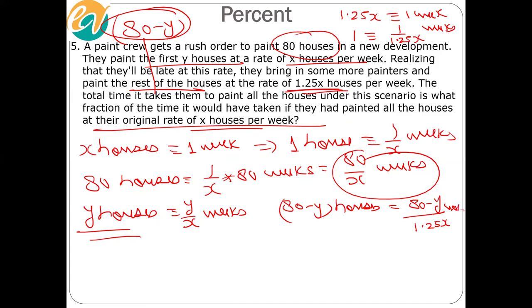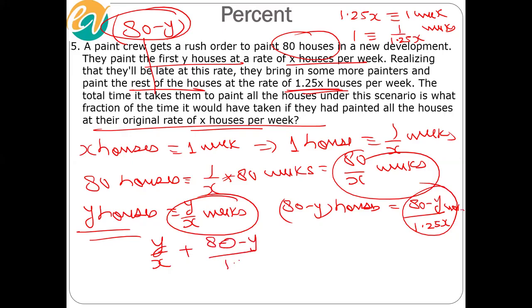Agreed? So the total amount of time it takes them to paint 80 houses would be this plus this: Y by X plus 80 minus Y upon 1.25x, these many weeks.